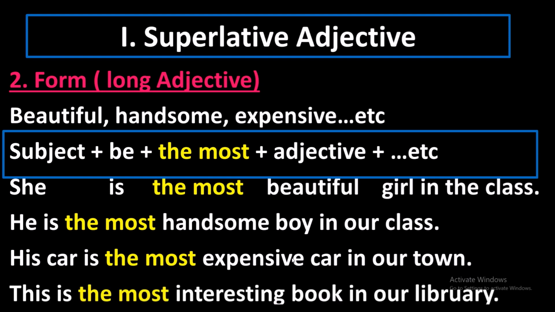This is the most interesting book in our library. Many books in the library again, but this one I think is the most interesting. So we use the superlative adjective with a long adjective to compare three things, three people, three animals, but with a long adjective you have to use the form with the most here: the most beautiful, the most handsome, the most expensive, and the most interesting.